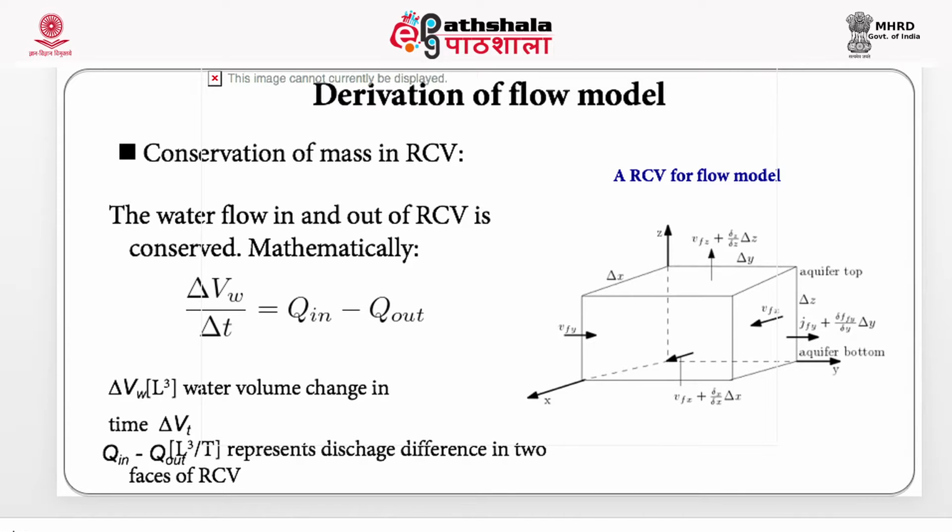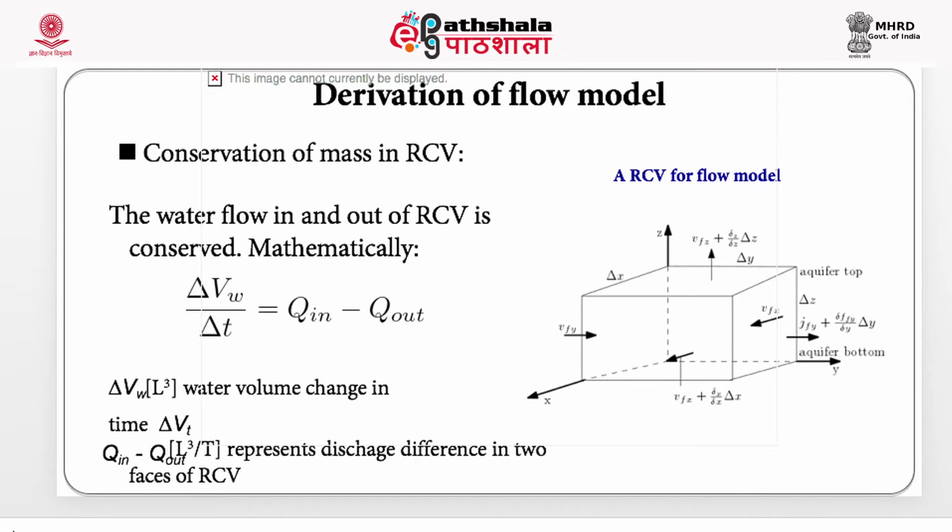Mathematically, the conservation principle says that the rate of change of water volume in the RCV over the time delta t equals the amount of water flowing in through a face in a particular direction, that is Q in, minus the amount of water flowing out from the opposite face. And we have to do this for all the faces of the three-dimensional aquifer model that we have.